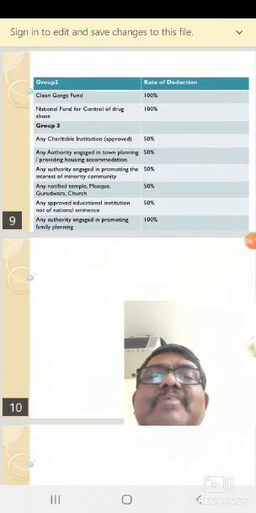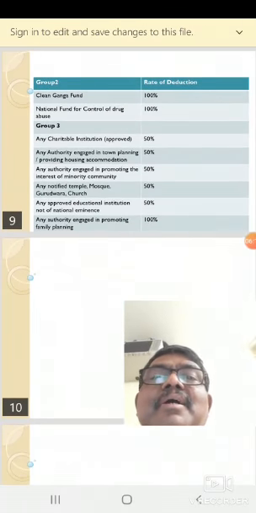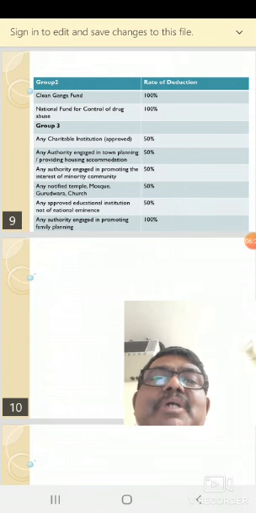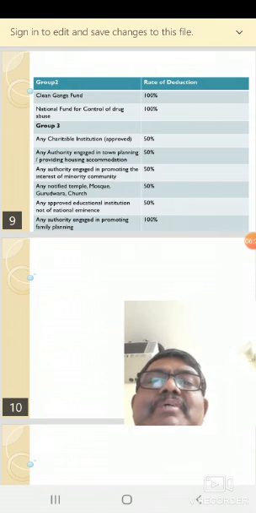These qualify at the rate of 100%. Again, going further, any contribution to Clean Ganga Fund, 100%. National Fund for Control of Drug Abuse, that also 100% deduction is available.